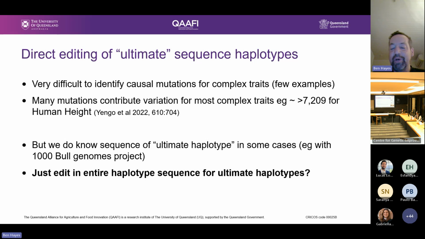So what we could do, rather than just focusing on one edit, we could just edit in that entire haplotype sequence. So we're doing a lot of editing of mutations that don't have an effect, but if we edit in the entire sequence haplotype, we will get that mutation. The question is, how many edits do we actually have to do?